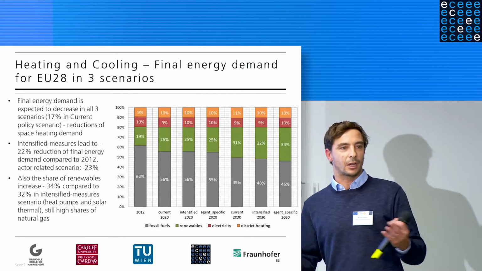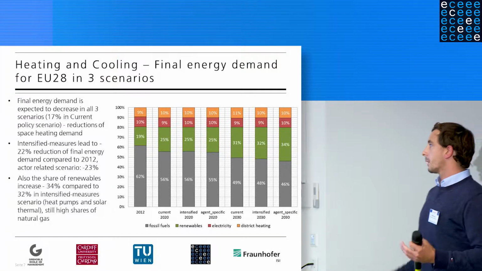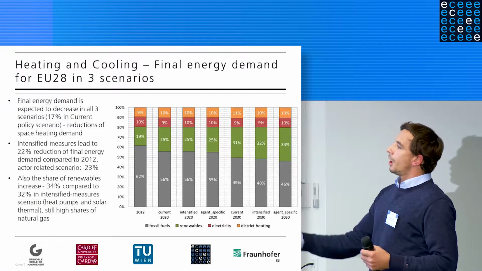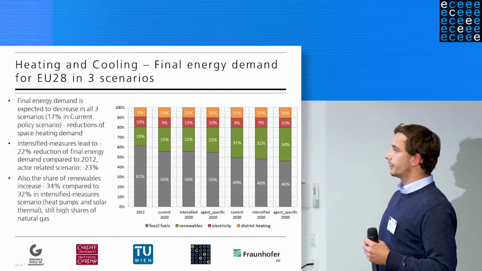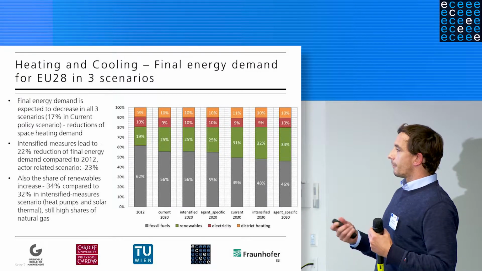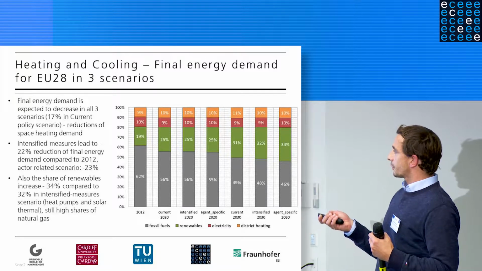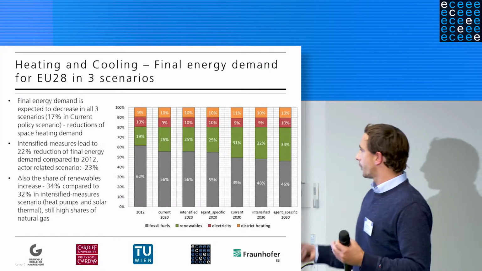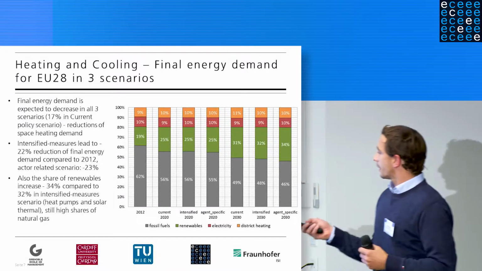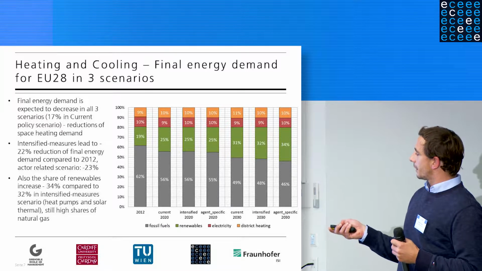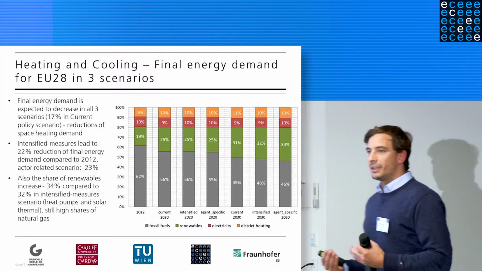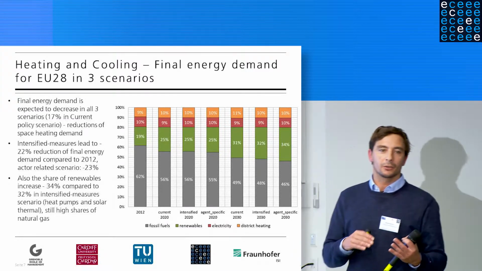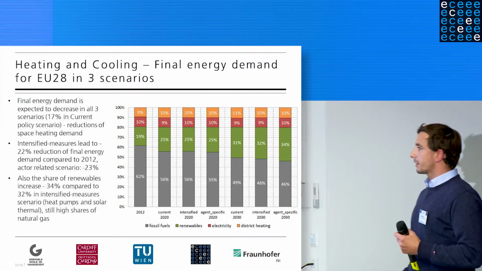So even if we stay with current policies, we expect decreases of around 70% from 2012 to 2030. But with those intensified measures, we see further decrease. And if we address those agents with low incomes, we did see effects, but they are actually not that big.